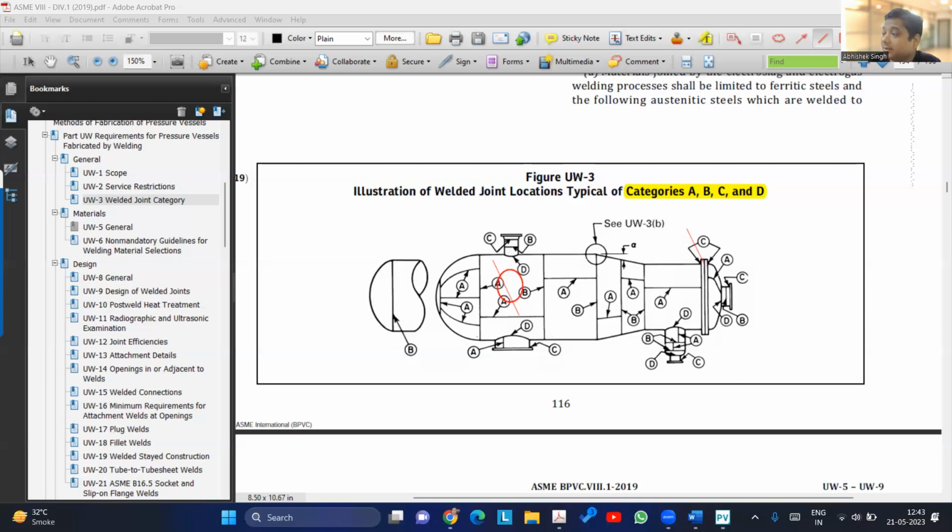Definitely we are checking the mechanical properties if you are checking for PWHT. Okay, the code nowhere suggests PWHT for the entire vessel. No, the code is not suggesting that anywhere. If you can go for localized, it's good enough.